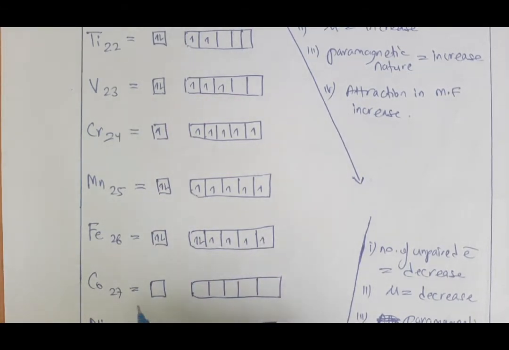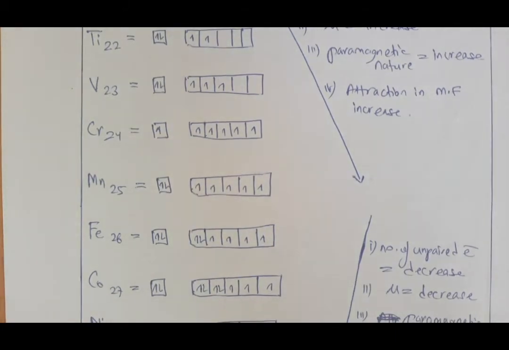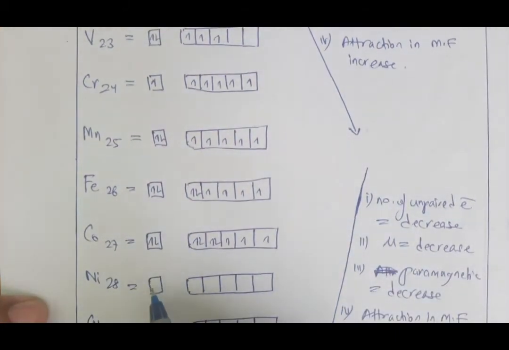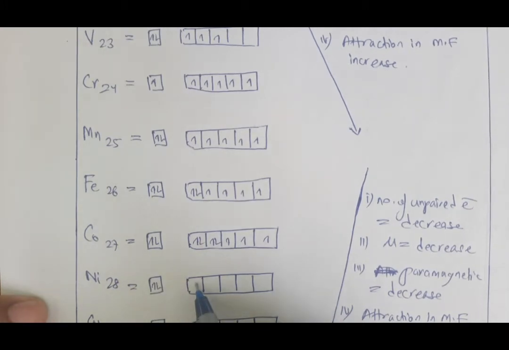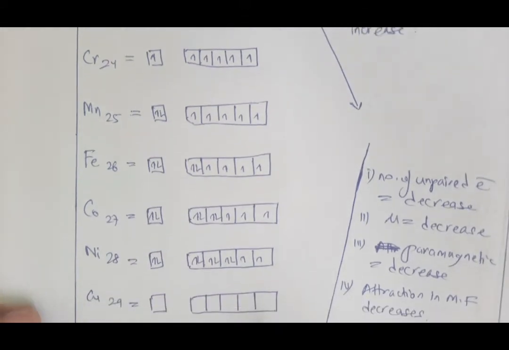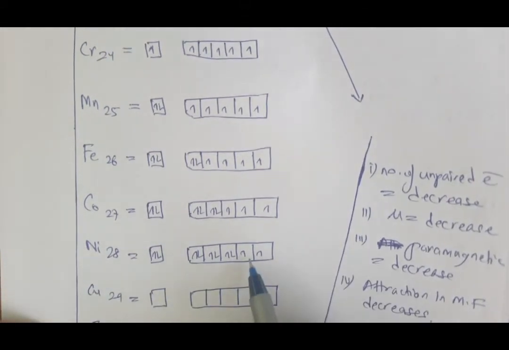I'm applying Hund's rule here. And cobalt will become 7, so again 1, 2, 3, 4, 5, 6, 7. When you go for nickel, it becomes 8. 1, 2 is already here, so here will be 1, 2, 3, 4, 5, 6, 7, 8. Now when you make it for copper, here should be 9.